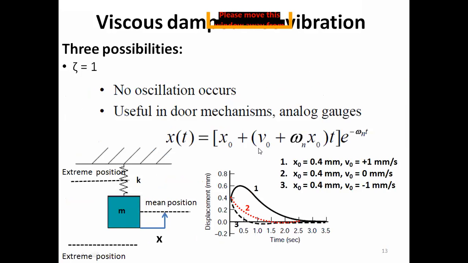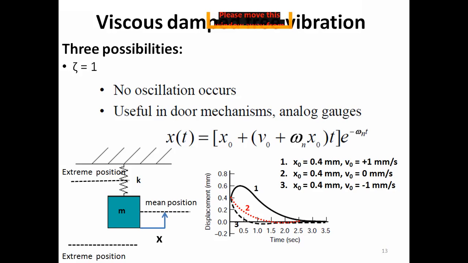The equation for the response would be x of t is equal to x naught plus v naught plus omega n x naught times t, and then outside the bracket we have exponential minus omega n t. So if we look at the response equation, very easily we could see that the response would not be a vibratory response.